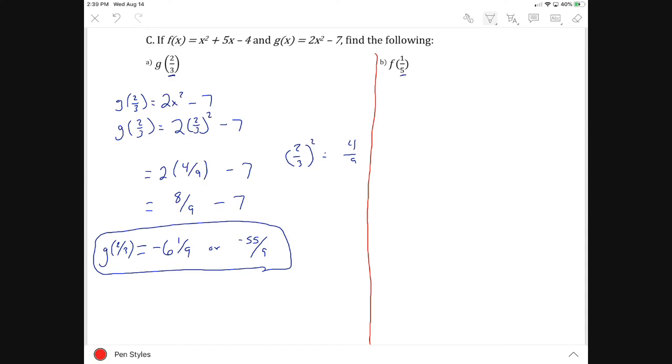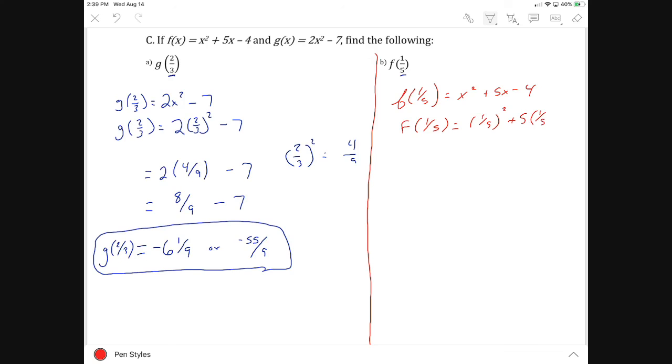So our next one is f of 1/5. So we're going to have f of 1/5 equals x squared plus 5x minus 4. So when you do this, we're going to plug in our 1/5 into everything. So f of 1/5 equals 1/5 squared plus 5 times 1/5 minus 4.